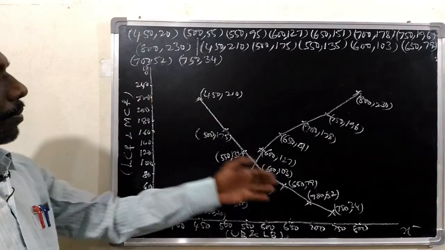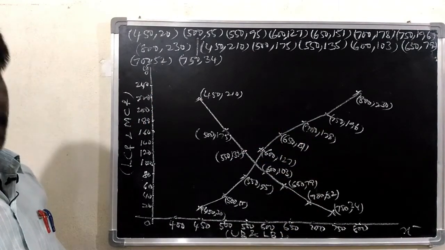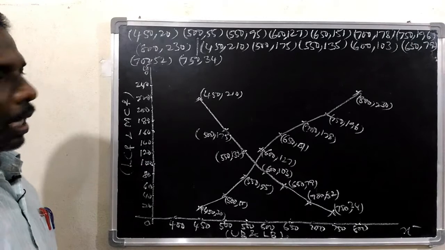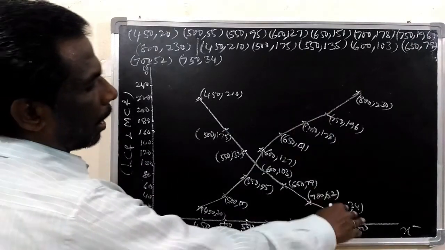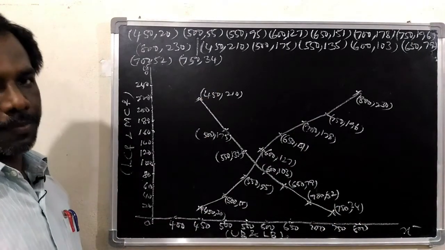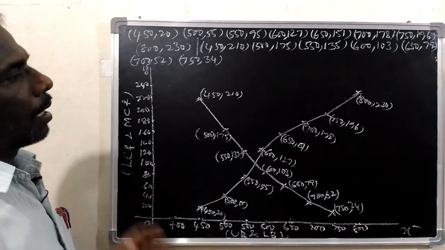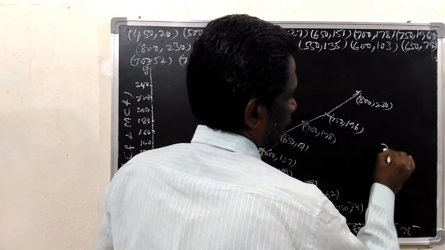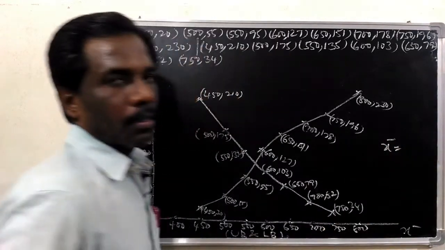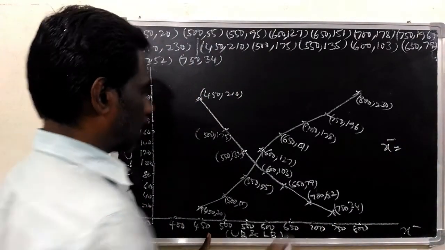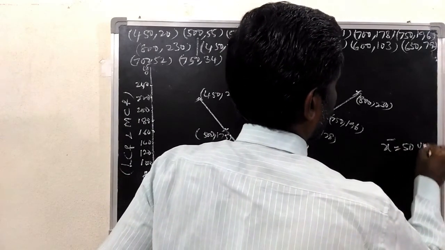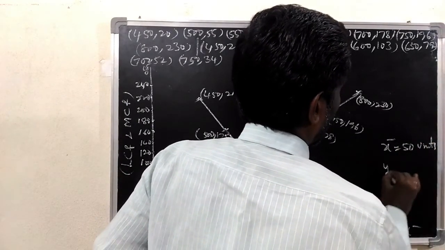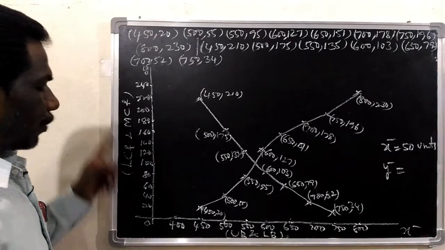And this is the more than cumulative frequency Ogive curve, and both the less than and more than cumulative frequency curves I drew on the same graph. And don't forget to write the scale. On the x-axis I took 50 units. On the y-axis I took 20 units.